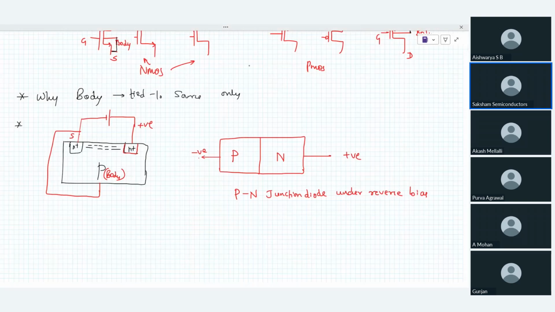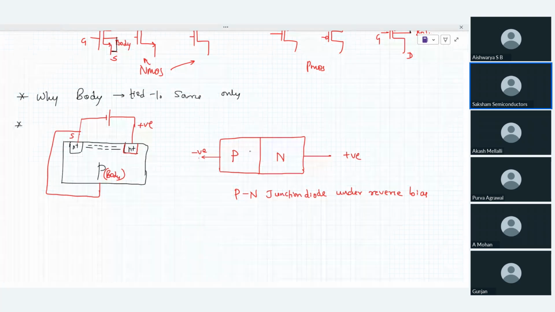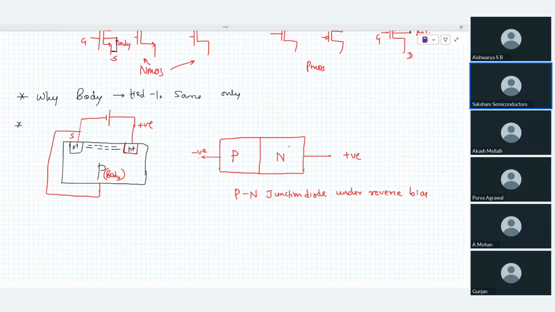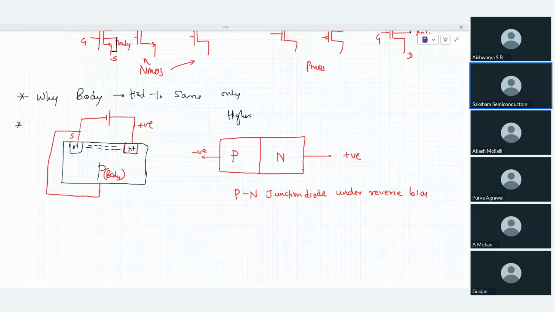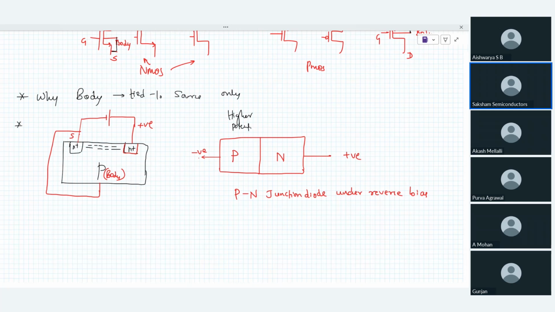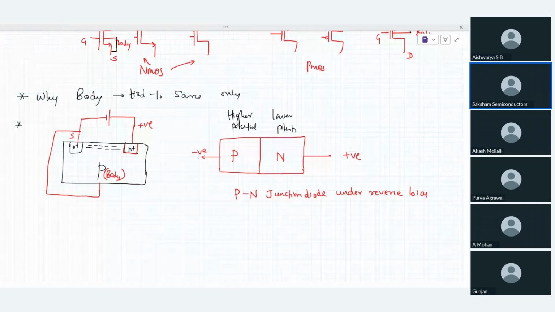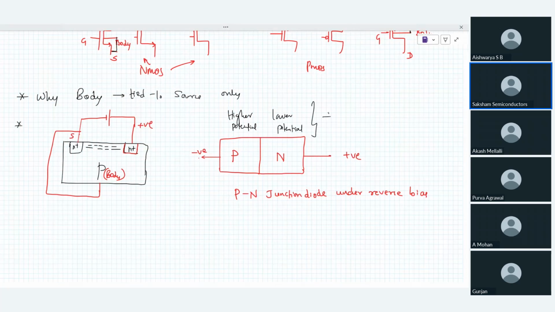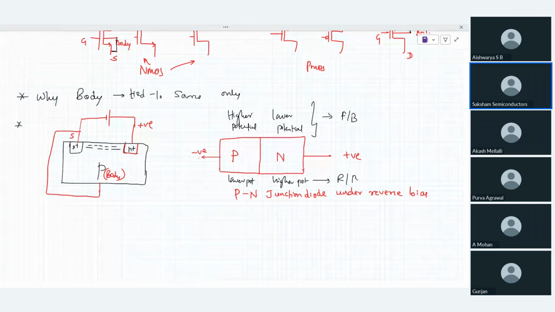If the P type of the PN junction diode is at higher potential and N is at lower potential, obviously this would have been forward bias. But now this is at lower potential and this is at higher potential. So that means definitely it is reverse biased.